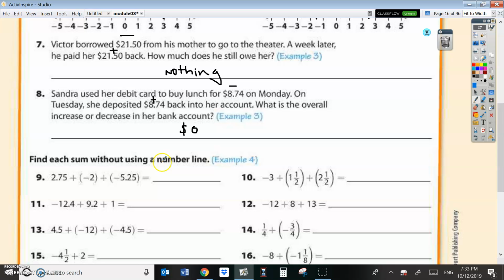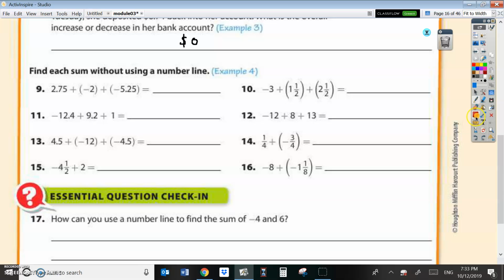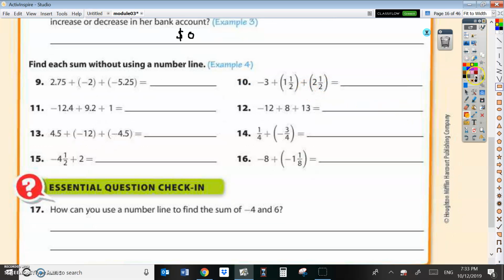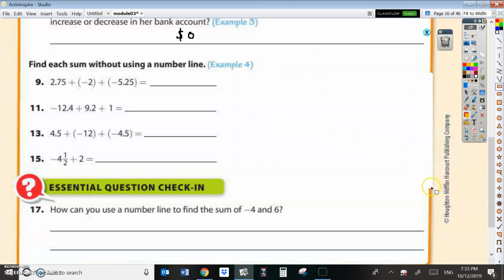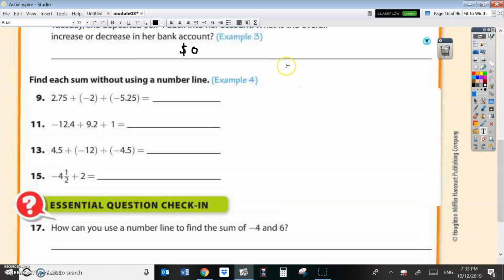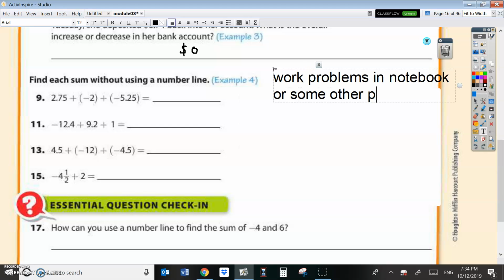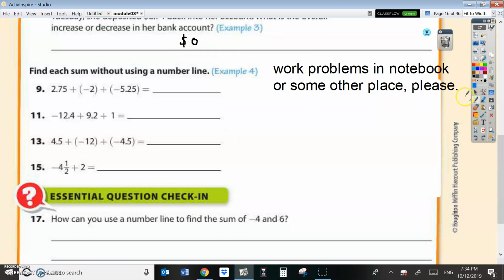Find each sum without using a number line. Okay, no problem. Let's get some working space here. Okay, work the problems in your notebook, please. Okay, so that first problem, 2.7, okay, so that's negative, and that's negative, and that's positive.